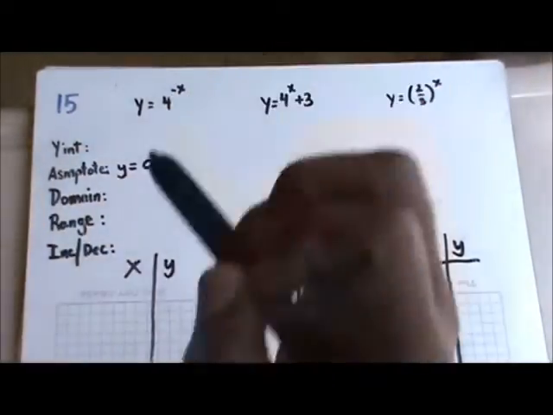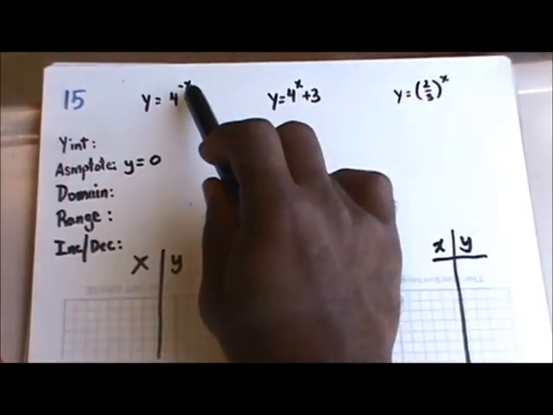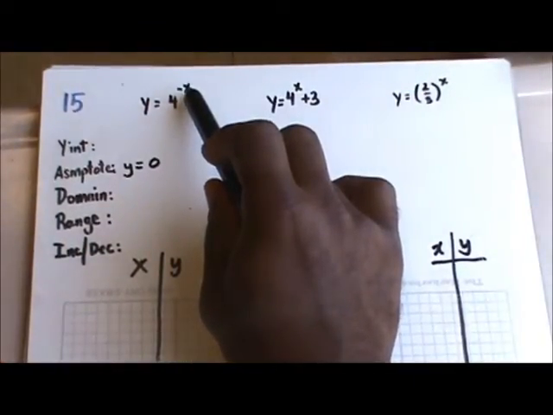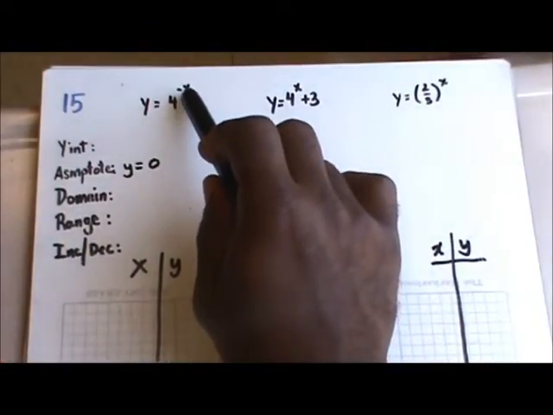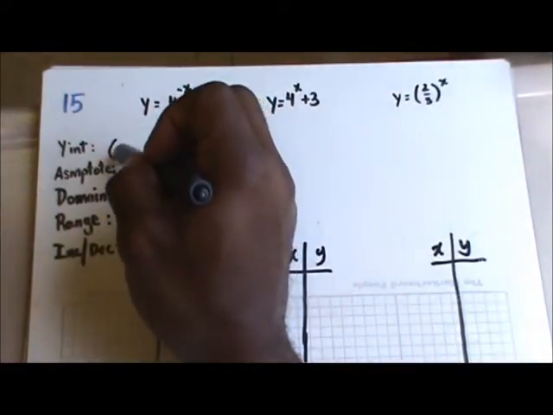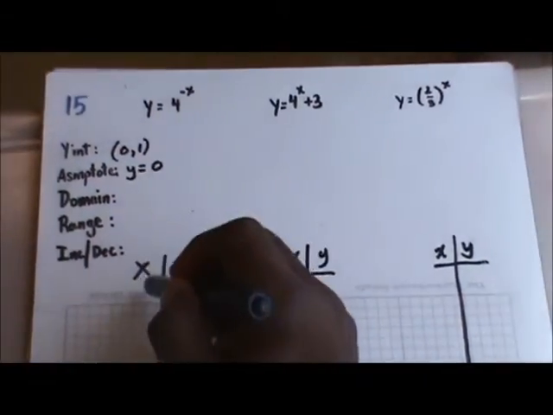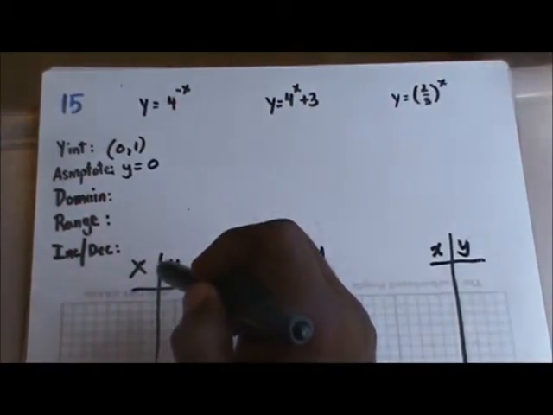Our y-intercept is the value when we make x equal to 0. If we plug 0 in, we get 4 to the 0 power, which is 1. So our y-intercept is at (0, 1). Let's get some points from our table that are going to work.